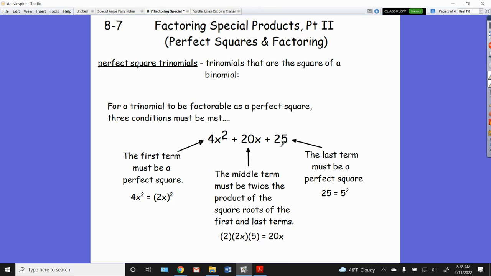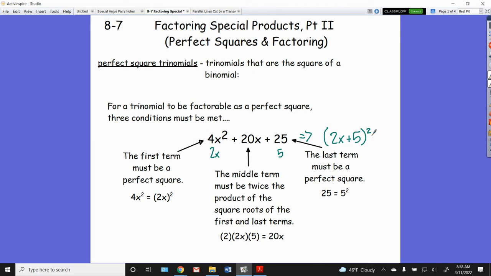Oh, 25, I could take the square root of 25 and get 5. Well, if this is 2x and the square root of this is 5, 5 times 2x is 10x, and if I double that, I get 20x. So you can automatically say, oh, okay, that's just going to be 2x plus 5 squared. It's the reverse of that other lesson.